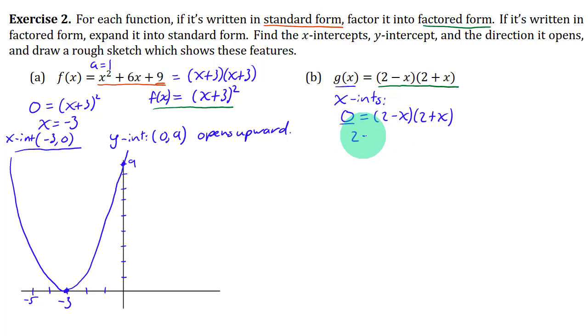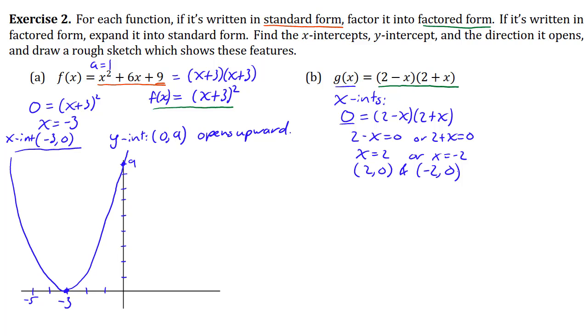You could have 2 minus x is equal to 0, or you could have 2 plus x is equal to 0. Either way, if you just add the x to both sides, you'll get x equals 2. This one would give you x equals negative 2. So the x-intercepts are 2, 0, and negative 2, 0.